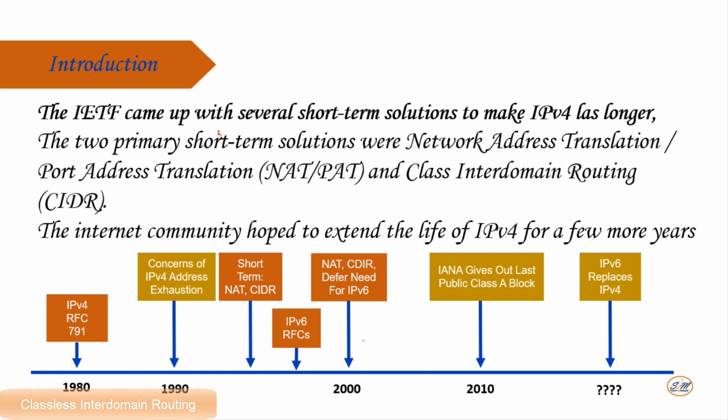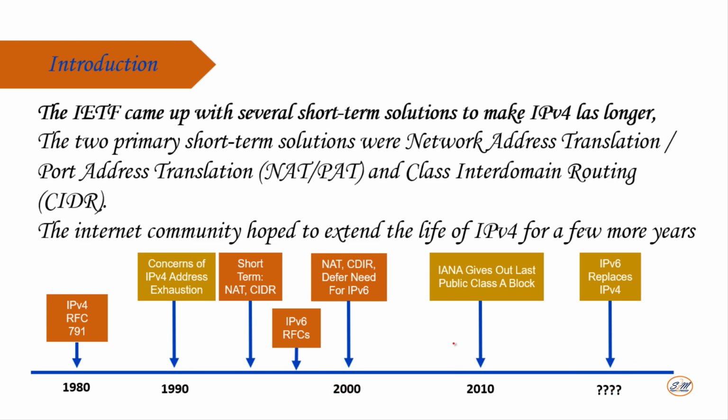The internet community hoped to extend the life of IPv4 for a few years. Through these different techniques, NAT, PAT, and classless routing, we can extend the life of IPv4 for a few years, and these are the main differences between IP version 4 and IP version 6.